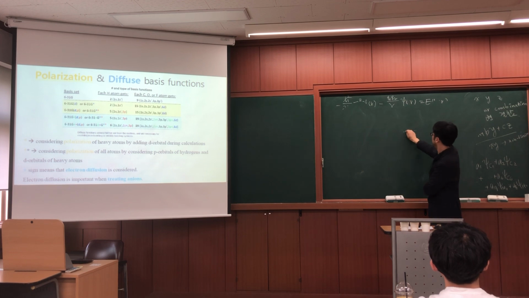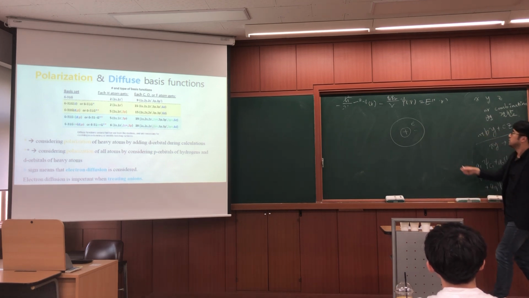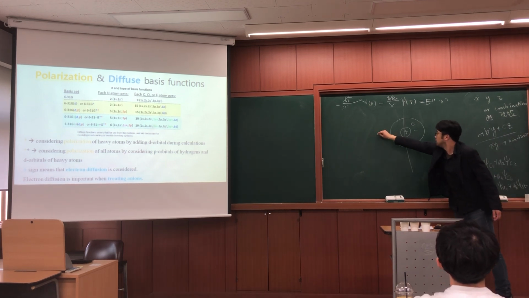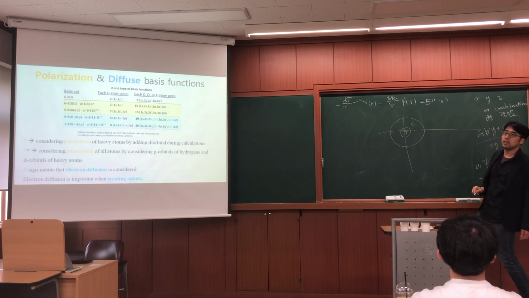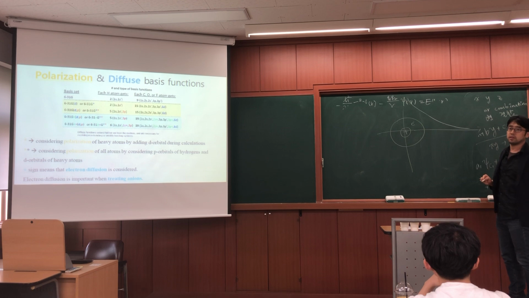When you have a nucleus here and electrons are here, the probability of finding an electron decreases as distance goes, right?